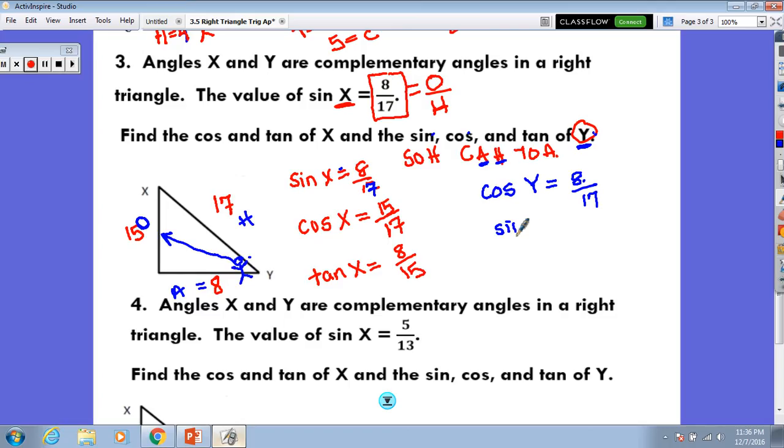So then we know the sine of y is going to equal what? It should be 15 over 17. So opposite, 15 over 17. Notice that these two things are exactly the same. So the tangent of y equals opposite over adjacent. So that would be 15 over 8.